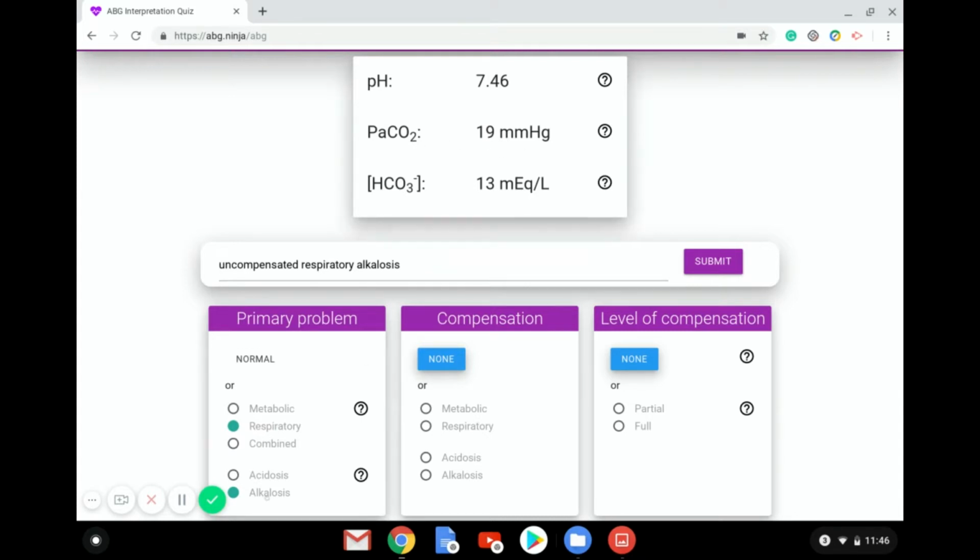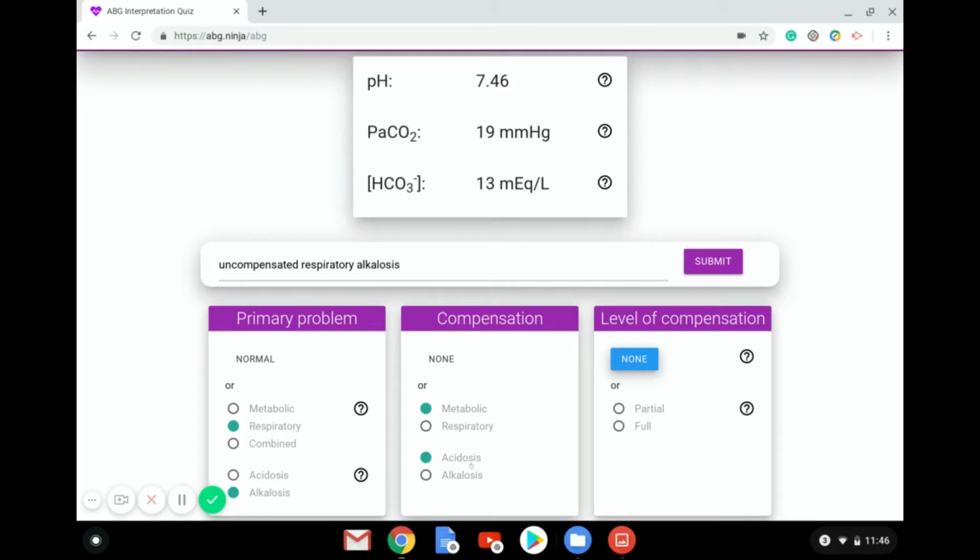If the respiratory system causes something, then the metabolic system will go to fix it. If the respiratory system is causing alkalosis, the fix would be acidosis. So what normally happens is the primary problem, the thing that's causing you the issue, respiratory alkalosis in this case, would be reversed or compensated by metabolic acidosis.